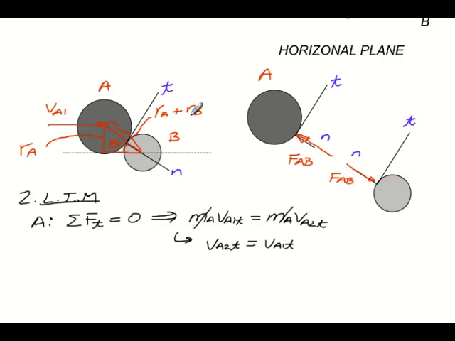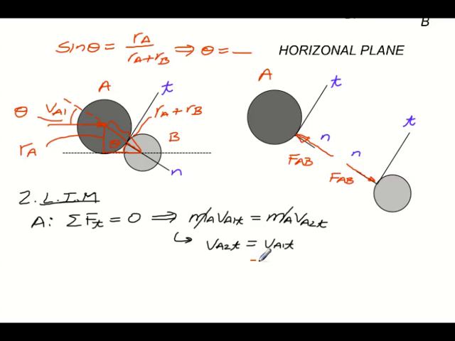So from trig we can see here that sine of theta is equal to RA over RA plus RB. So from that trig we can find the angle. Okay, so that's the same angle here for the velocity of A relative to the normal direction.